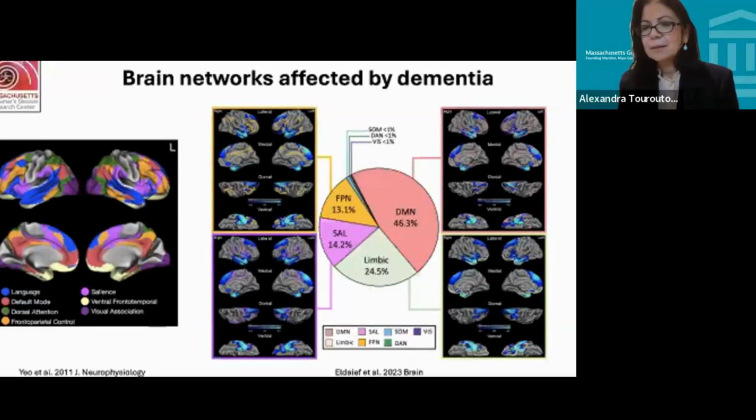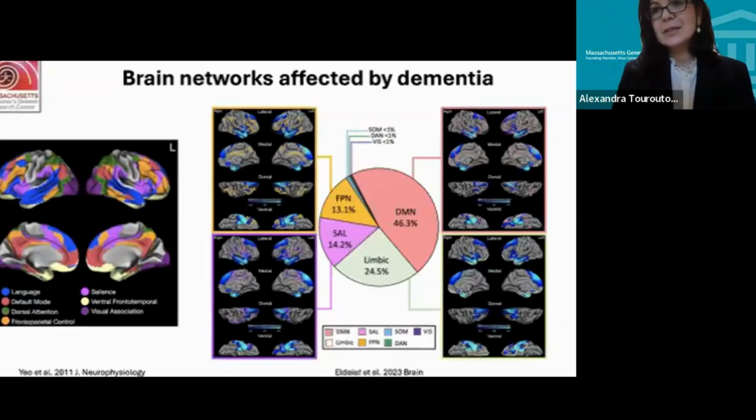There are risk factors that increase your risk of having Alzheimer's disease. Genetic factors affect Alzheimer's disease.